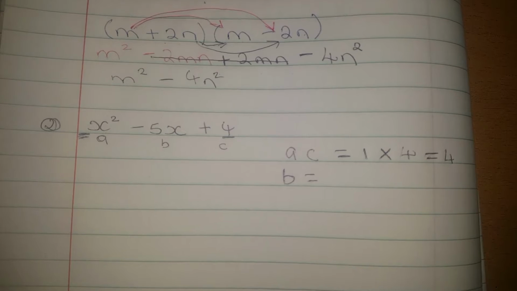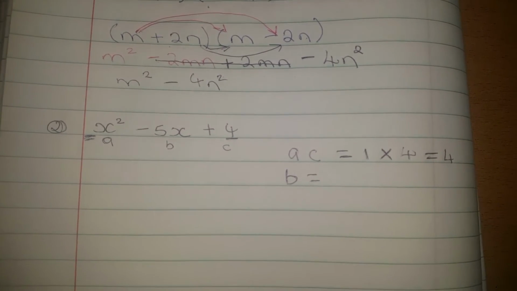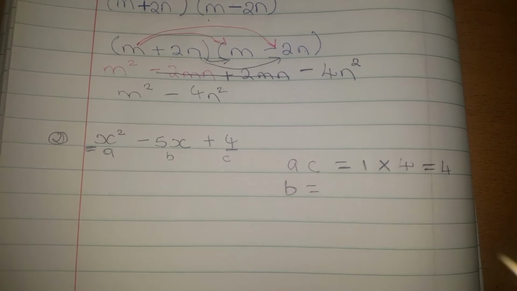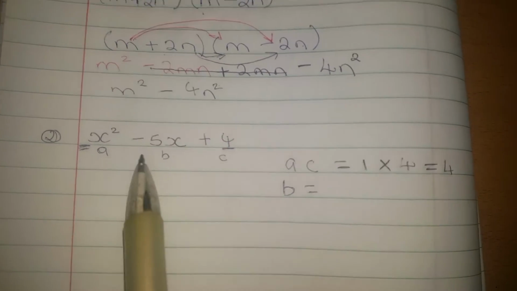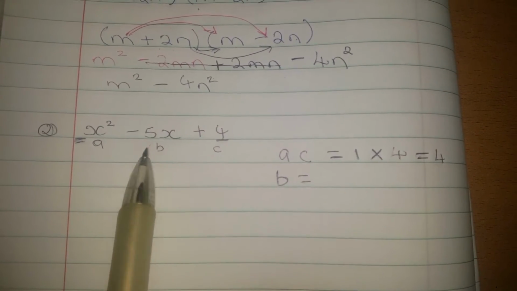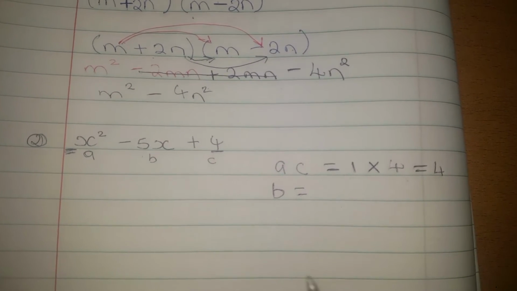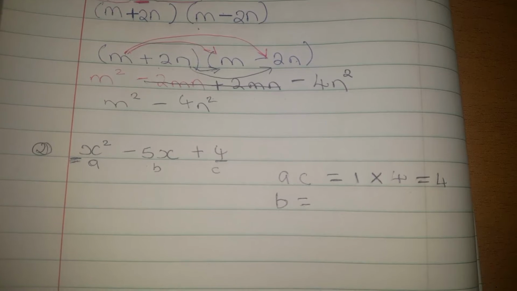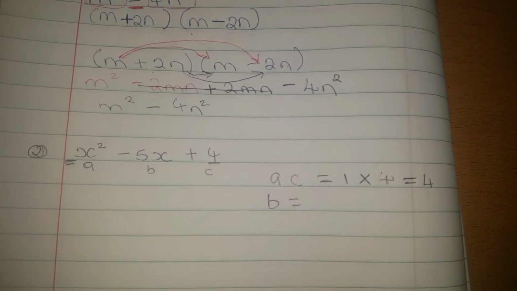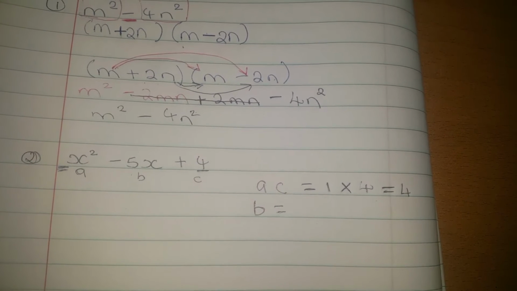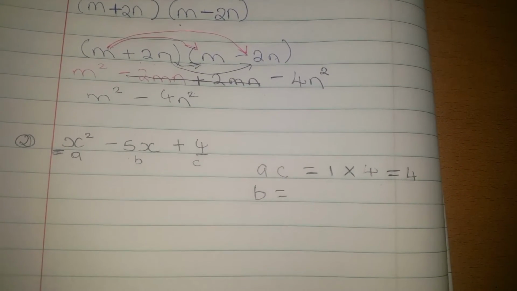This is also related to the value of AC. So we have -5 here, and we have 1 and 4 here. Which two numbers can we use and add them together in order to get the value of -5? What do you think?